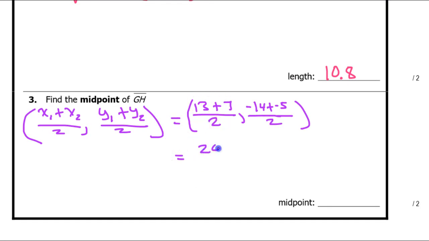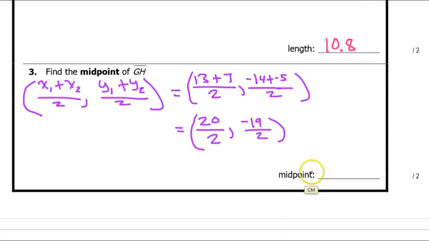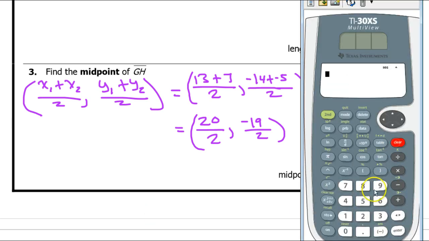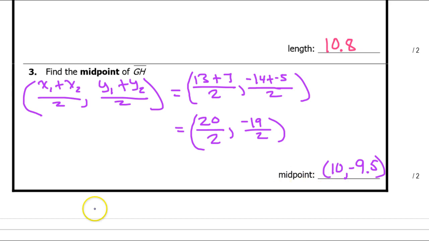So this is going to be 20 divided by 2 and -19 divided by 2. Okay, so for the midpoint, that's going to give me 10, comma, -9.5. All right, so there's your midpoint.